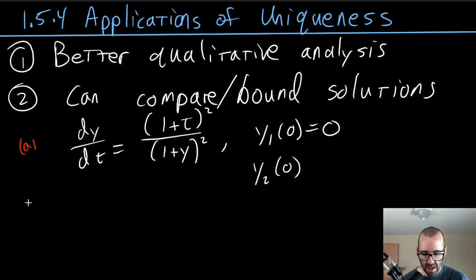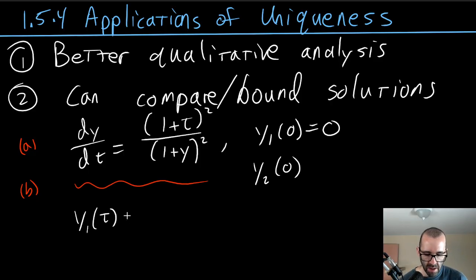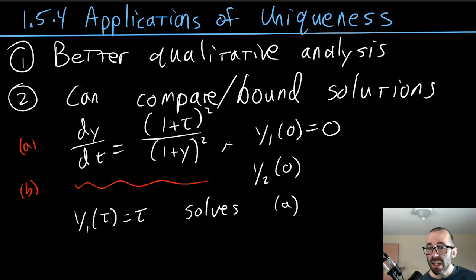Here's problem A, here's problem B. They have the same differential equation, just two different initial conditions. All right. Well, you know that y1(t) equaling just t is a solution to A. I highly recommend, I'm not going to force you to, of course, but I highly recommend you pause the video and prove that that's true.